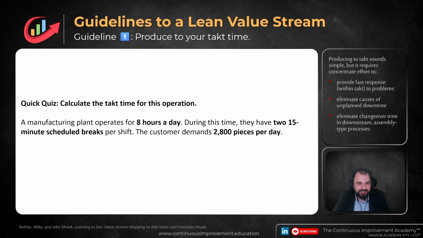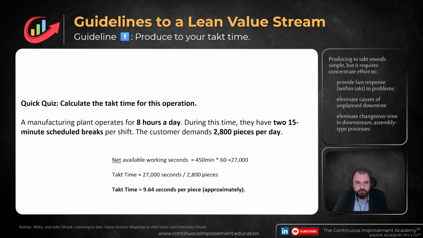Nice. That's correct. So let's see how it is calculated. First, we know that the net available working time is 450 minutes, which is the 8 hours per day multiplied by 60 minutes, which is 480, and we subtract 30 minutes of breaks from that.